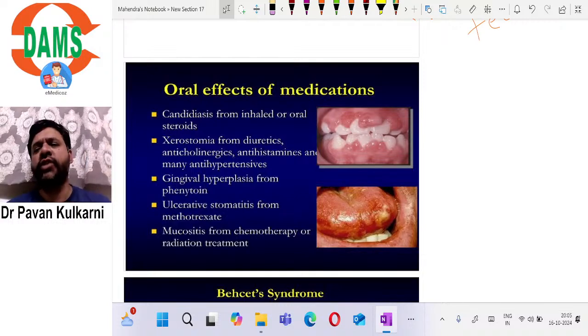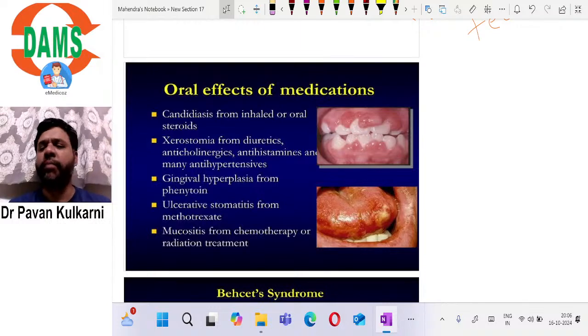Because of the steroids given during treatment, either in the form of inhalation or oral steroids, there will be an important adverse effect of candidiasis. So candidiasis is seen in the oral cavity, one of the important adverse effects due to the administration of steroids.